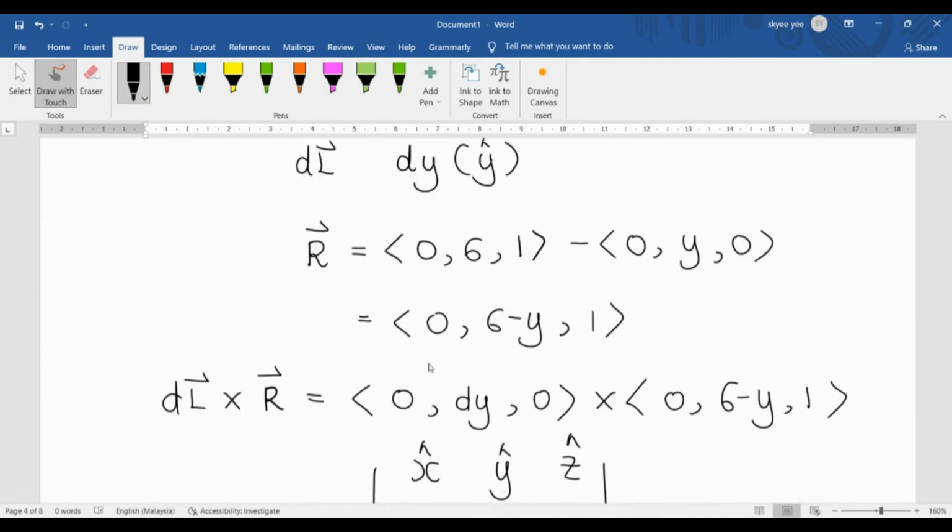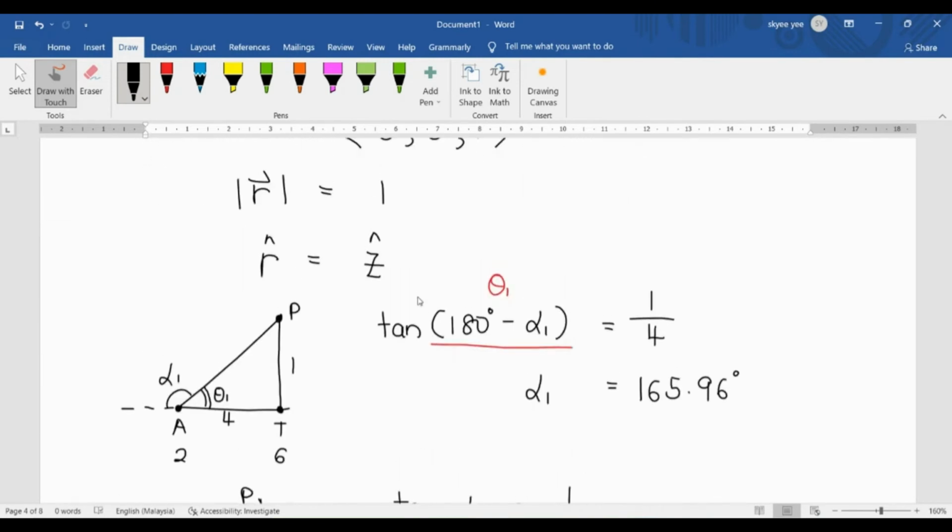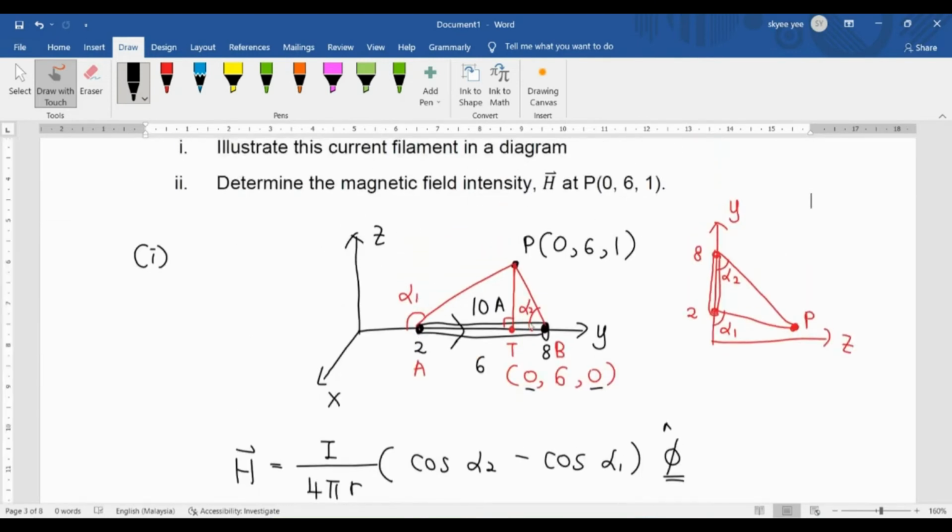By the way, let's look at the direction of the magnetic field that we have determined, which is in the x direction. You can use your right hand. This is where your current flows, and your point P is at the top of your current filament.